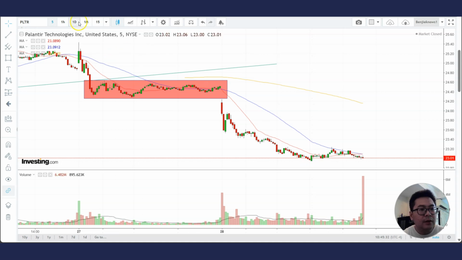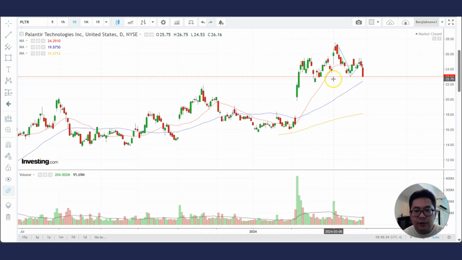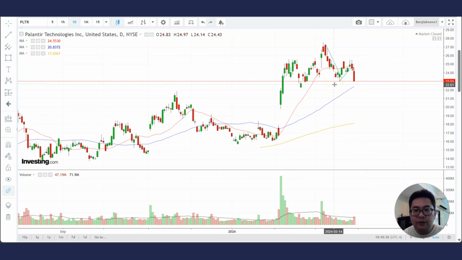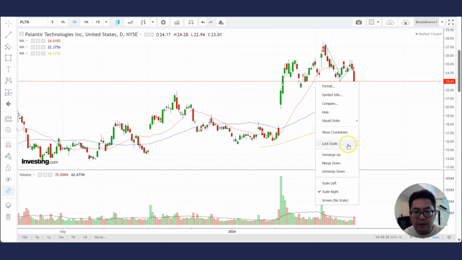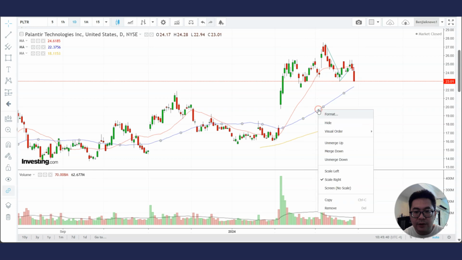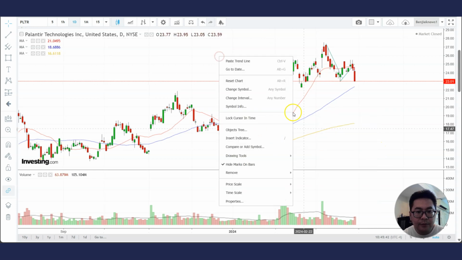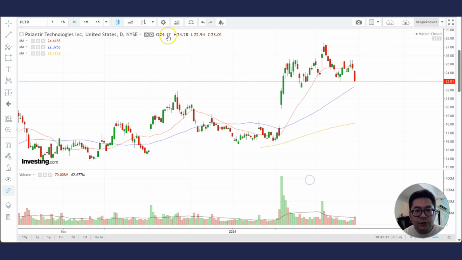ride down. So let me just go to the daily chart. On the daily chart, things are also not looking so well for Palantir. I think, if I'm not mistaken, I showed you the possibility of a head and shoulders pattern.